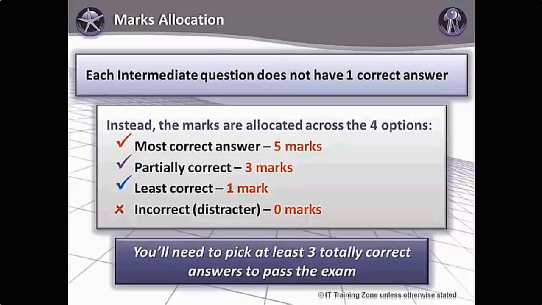The next answer, which is slightly less correct, will give you 3 marks. The answer below that will give you 1 mark. And the answer known as the distractor is worth 0 marks. So you'll need to pick at least 3 of the wholly correct or 5-mark answers in order to pass the exam.